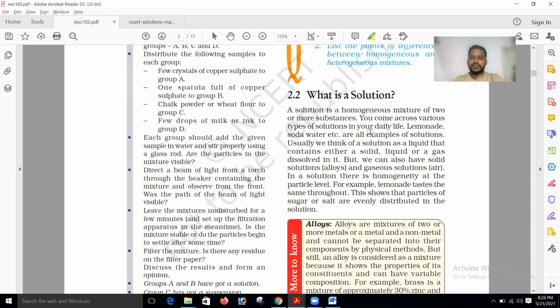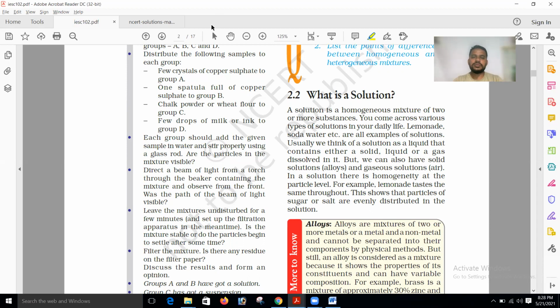Okay. So they have given some examples like lemonade, soda water, etc. are examples of solution. Usually we think of a solution as a liquid that contains either a solid, liquid, or a gas dissolved. Actually, for a common person, if you ask what a solution is, they will think that some solid must be mixed with a liquid.